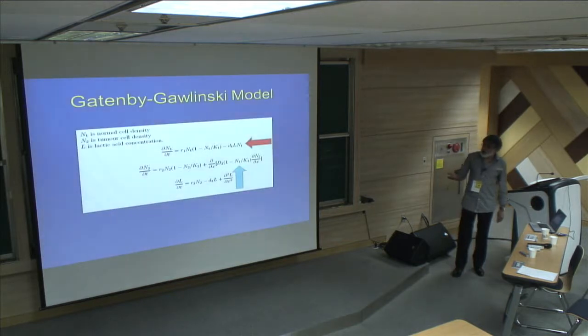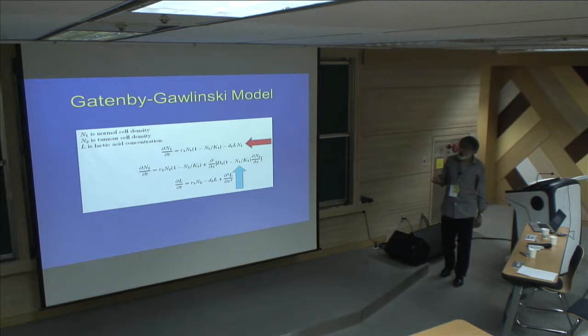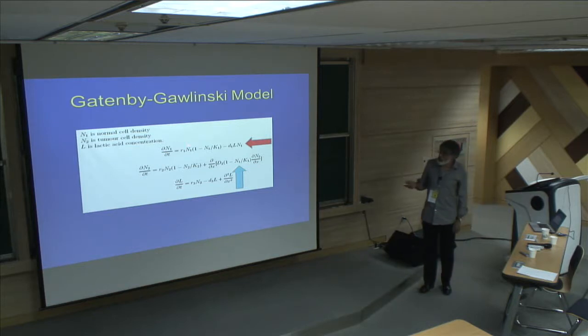So he wrote down a mathematical model. N1 is normal cell density, N2 are tumor cells, L is lactic acid, and everything else is a positive constant. The tumor cells he modeled as growing logistically and diffusing with a nonlinear diffusion, and the tumor cells produce lactic acid.